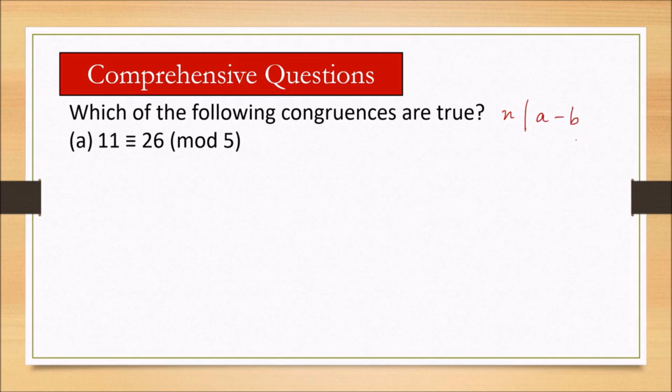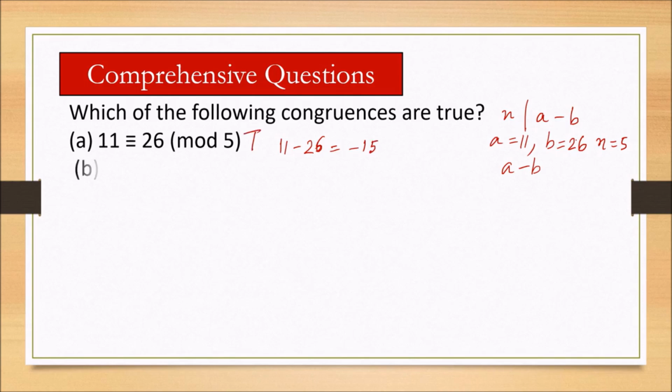Here a is 11, b is 26, and n is 5. We have to see whether a minus b is divisible by n or not. So 11 minus 26 is equal to negative 15. Is it divisible by 5? Yes. So this is true.